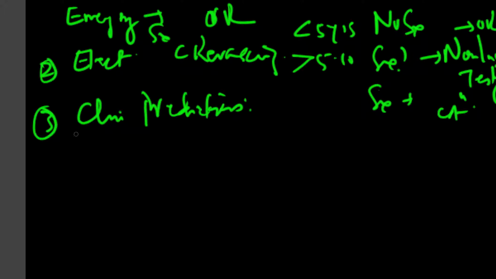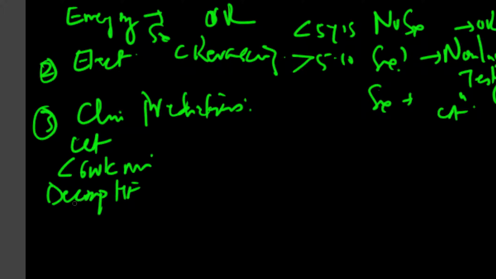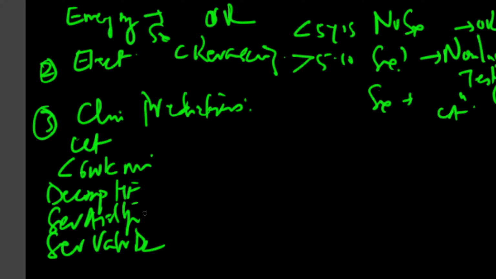If the clinical predictors suggest that the patient has unstable angina, or the MI was less than 6 weeks old, or the patient has a decompensated, we call it decomp, heart failure, or if the patient has had significant severe arrhythmias which have not been managed thoroughly, or severe valvular disease. If you have valvular disease and that has not been managed, that puts this patient into the high category. Remember that.